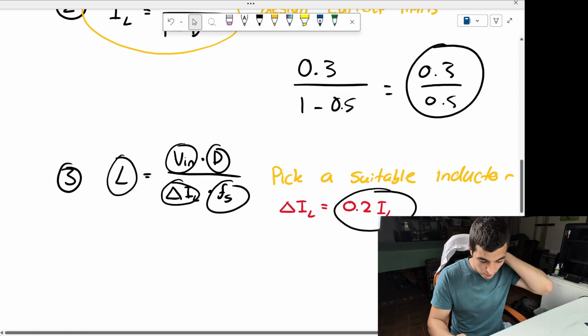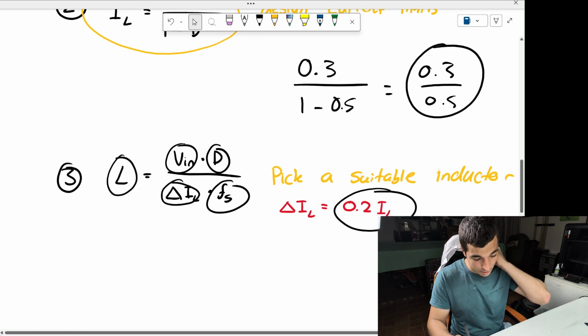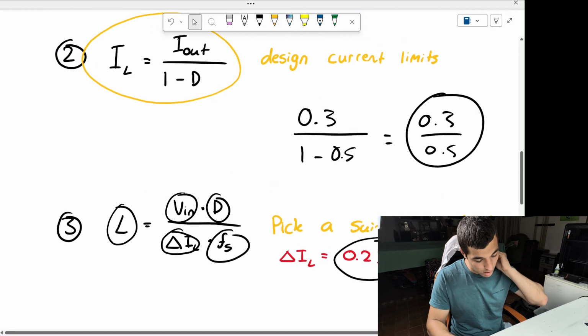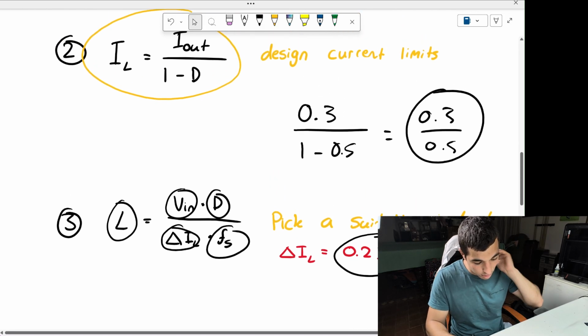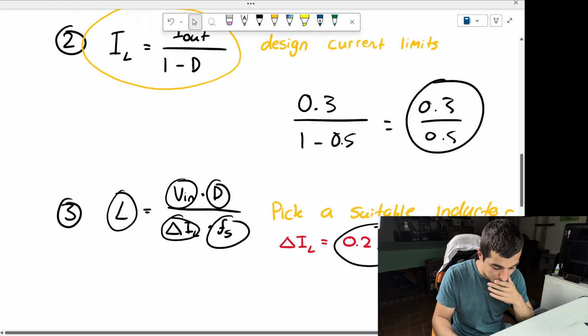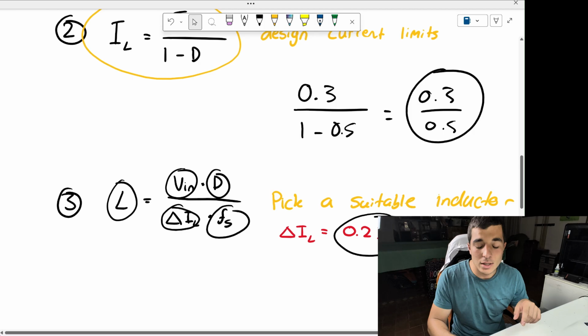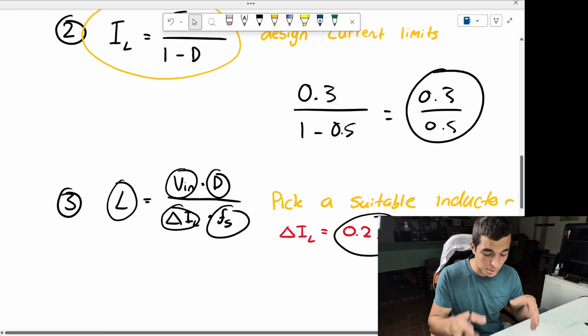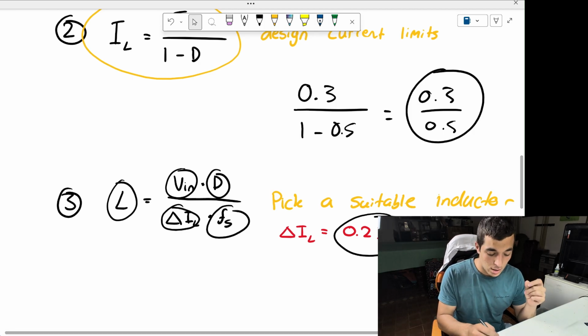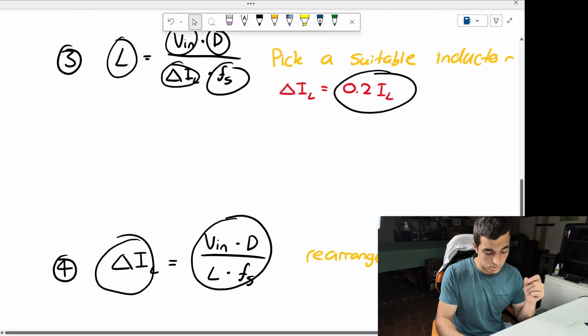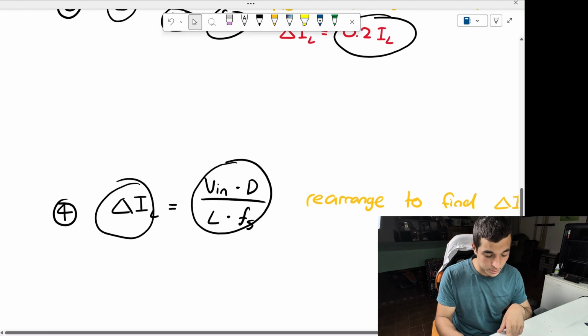Again, pick a suitable inductor. So once you've got your current, or if you already have an inductor, this is the minimum. If you already have an inductor and you want to see the current ripple, it's this equation down here, equation 4.